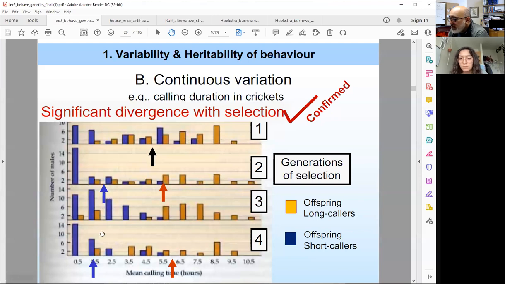And you can see that after 3 and 4 generations, pretty soon you have a line of crickets that's only calling for 1.5 hours versus a line of crickets that's calling for 6 hours, thereabouts. So these are two lineages of crickets that have been subject to artificial selection. And what this suggests is that this calling duration is heritable. That is, parents are transmitting the genetic information associated with calling duration to their offspring, and they're doing this through their genes.